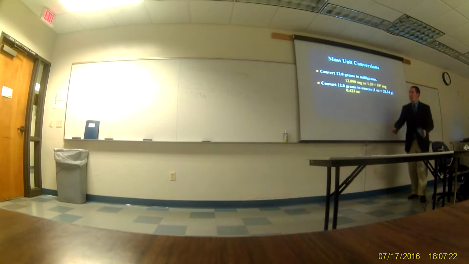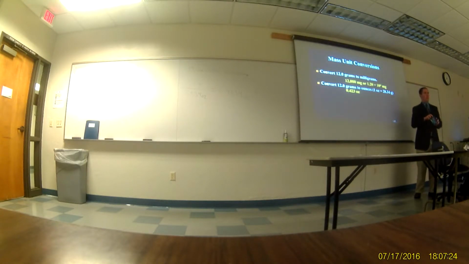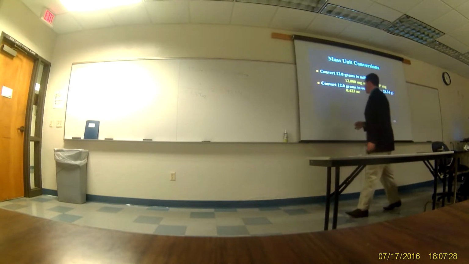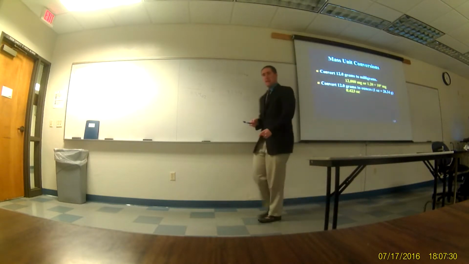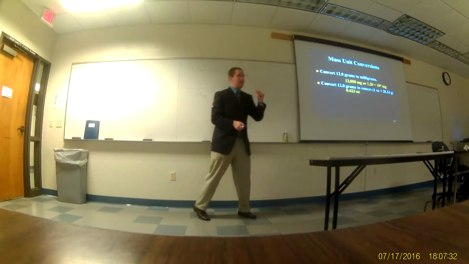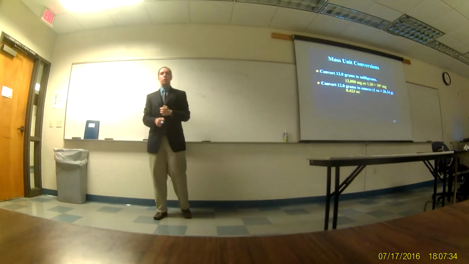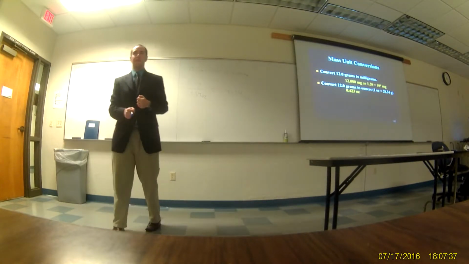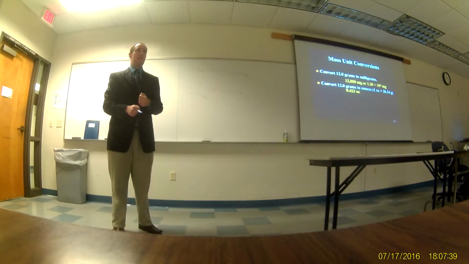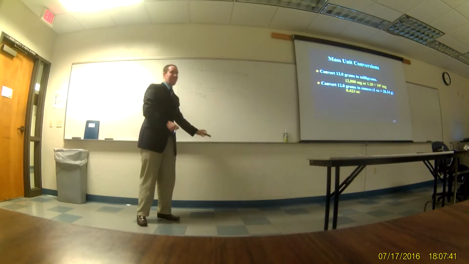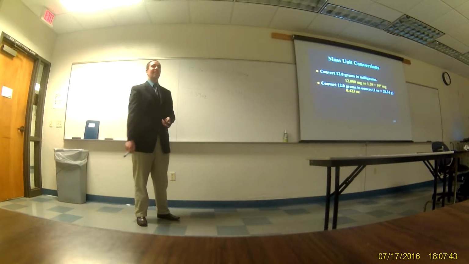And so the correct answer here is 0.423, not 0.4234. So that gets back to what you were talking about, the rounding. Why is it 0.423 and not 0.4234? Sig figs. Yes.